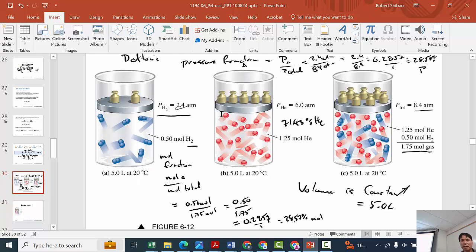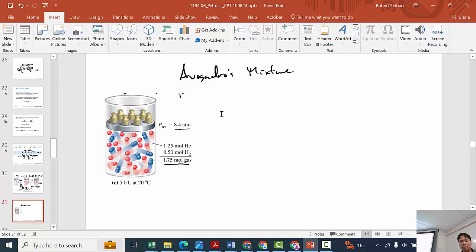The mole fraction is the same as it was before, which was 28.53% by mole hydrogen and 71.47% by mole helium. And so what is the volume fraction of hydrogen?